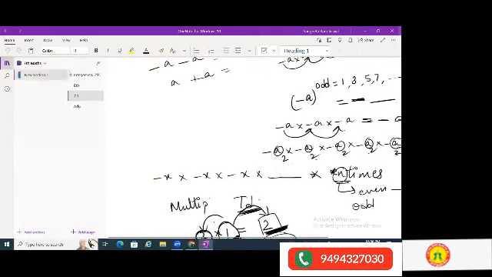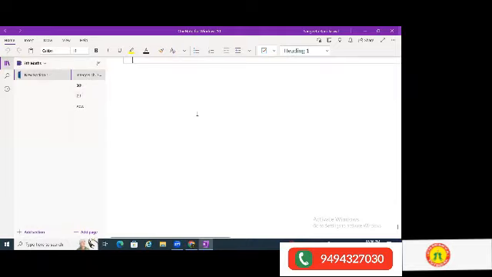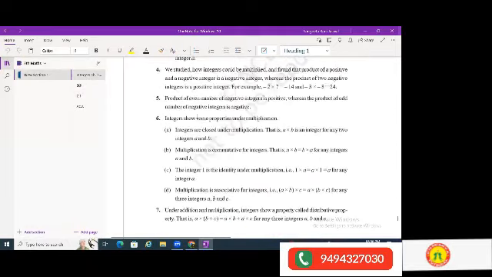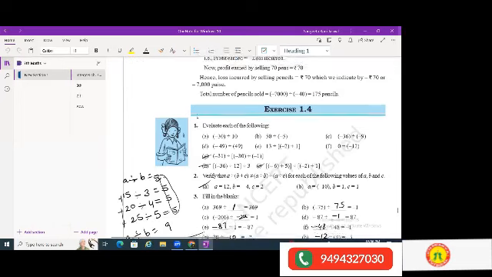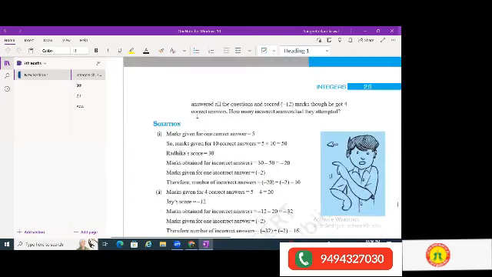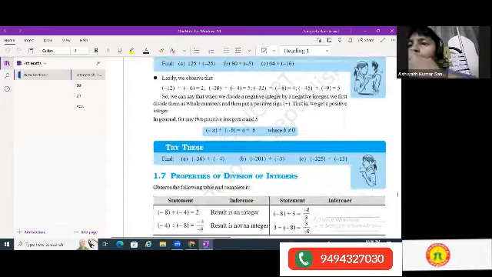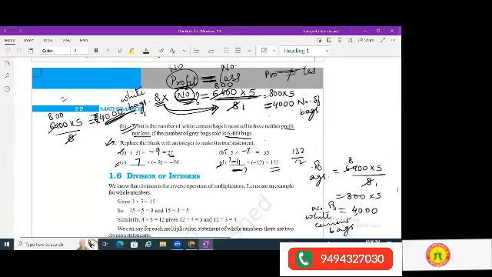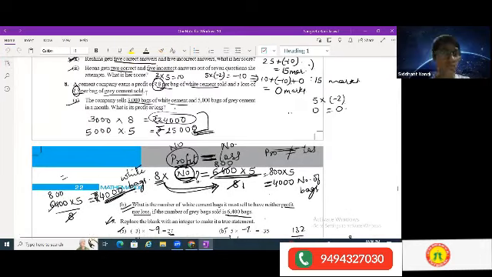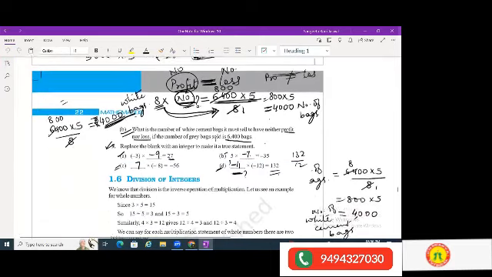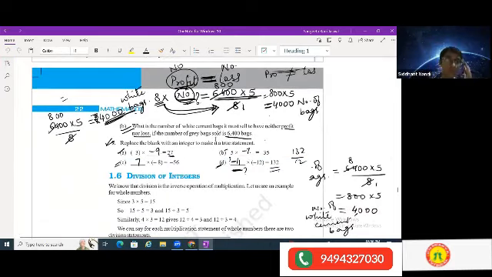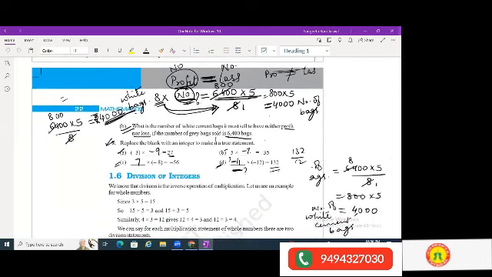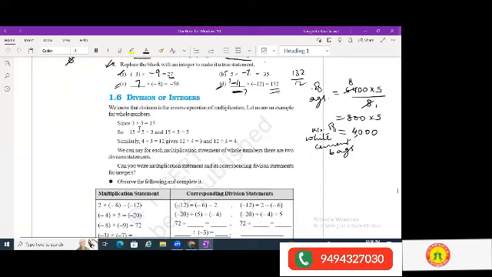Okay, let's see the chapter. Have you done this exercise 1.4? No, ma'am. You have done 1.3. Yes, ma'am. In my textbook, there are just three exercises. There are four exercises, because you have another last property of division of integers. Okay, so we'll do this also.